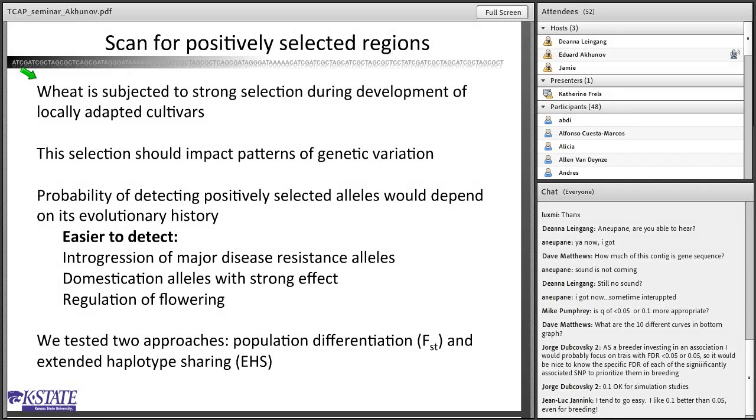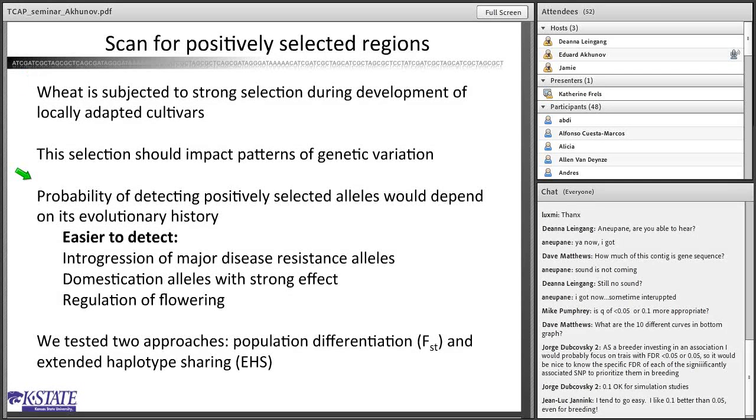And therefore the patterns of genetic variation in the areas of the genome that are subjected to selection would be different from the rest of the genome. And of course the probability of detecting significantly positively selected alleles would depend on the evolutionary history, and it would probably be quite easy to detect major disease resistance alleles, like those alleles that were introgressed into breeding lines from alien species or from non-adapted material, or of course the domestication traits should be quite easily detected, or the genes that are involved in regulation of flowering.